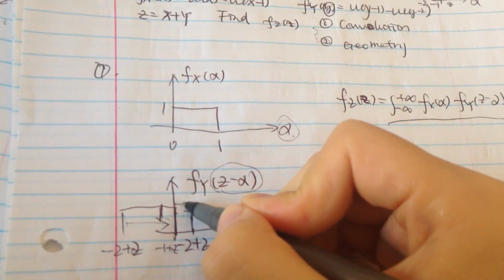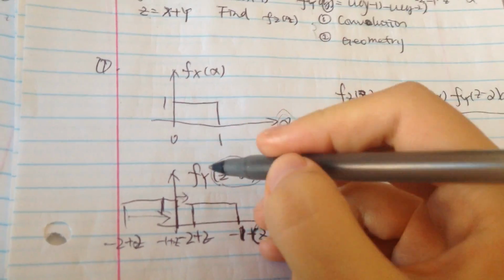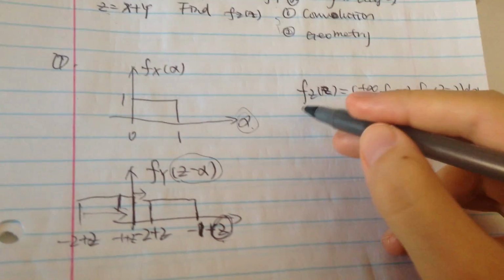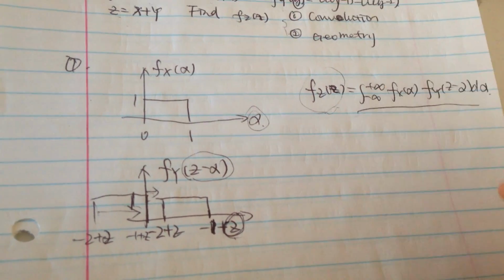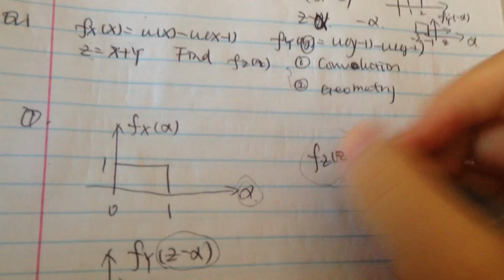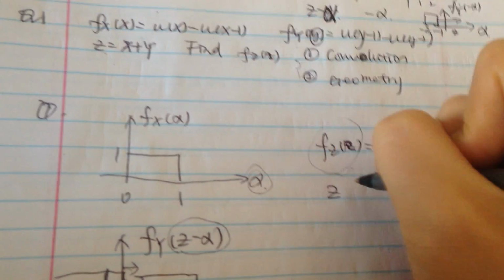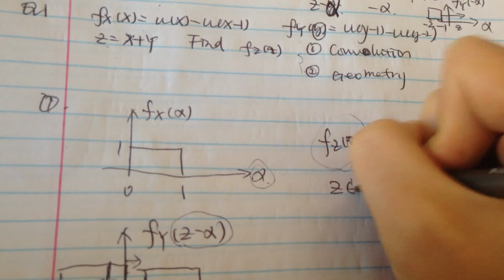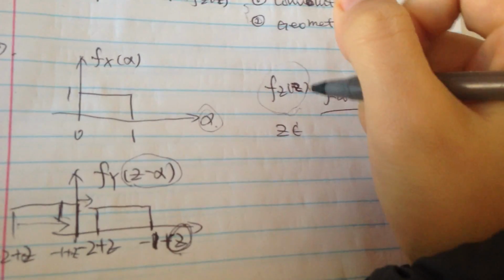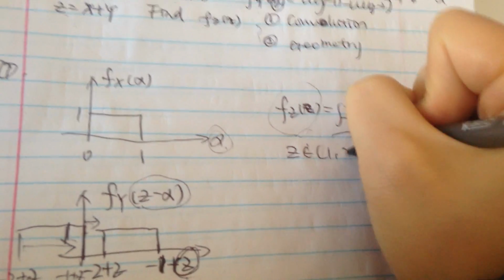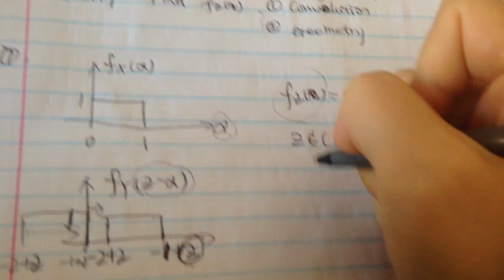If z starts to move a little bit more, the density function of z would get a number. So obviously in the situation I discussed, z should belong to 1 to 2.